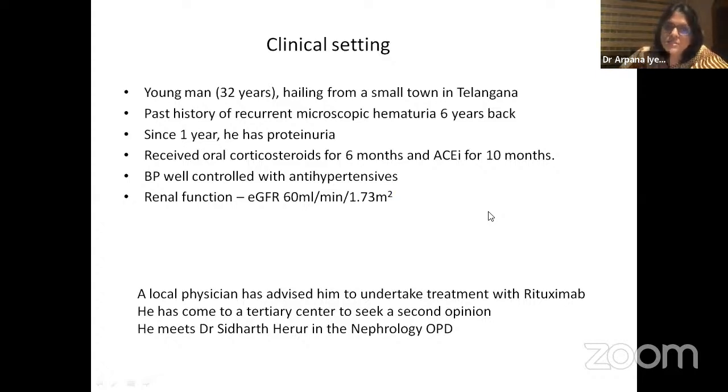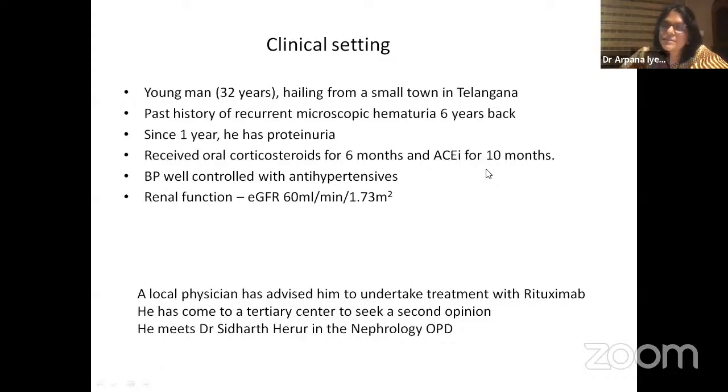So a local physician has advised him to undertake treatment with rituximab. Now, he has come to a tertiary center, Nizam's Institute of Medical Sciences, to seek a second opinion. He meets Dr. Siddharth Herur in the nephrology OPD and asks him if rituximab would help him.